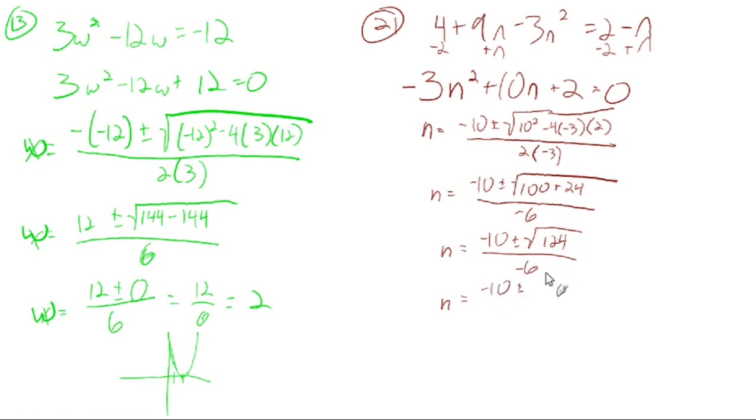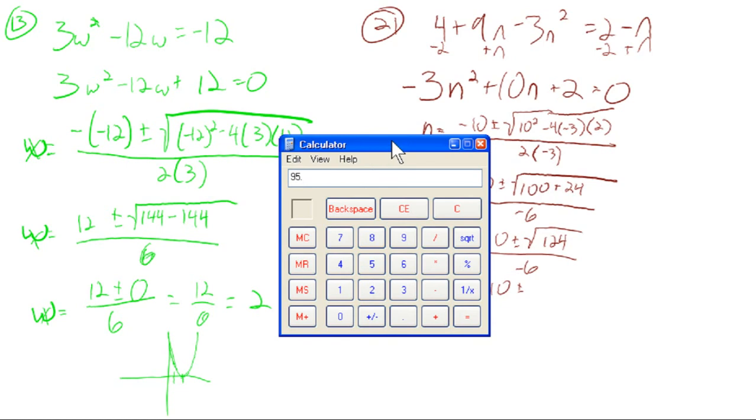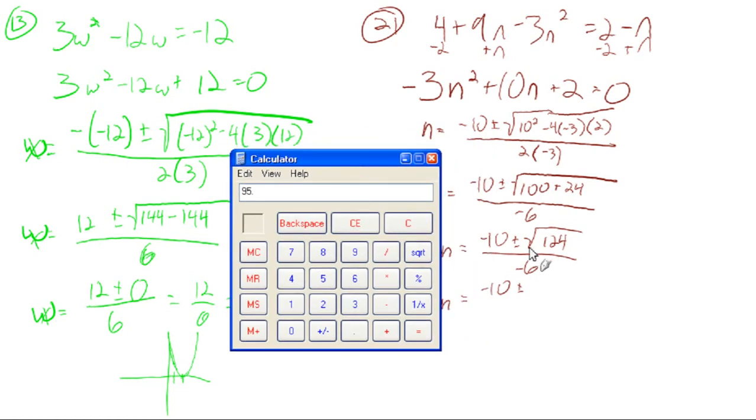Okay, so we're going to simplify this square root. Let's see what we can find out here. The calculator. See what kind of perfect squares go into 124. 4 is pretty plain to see, maybe 16. Let's see.